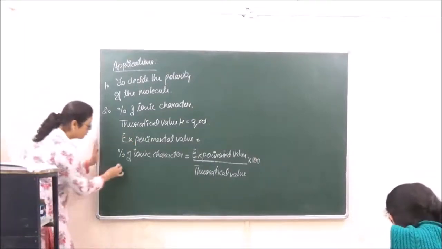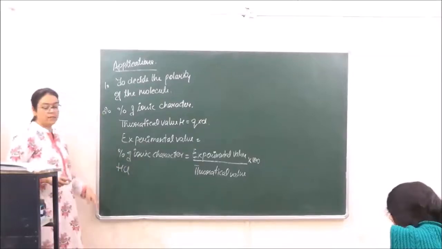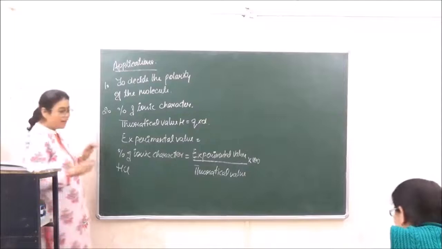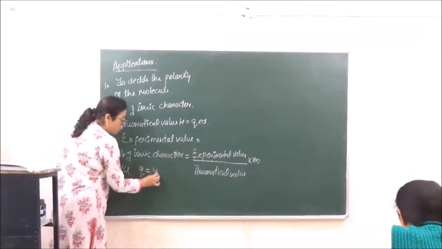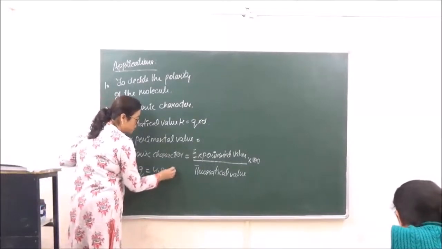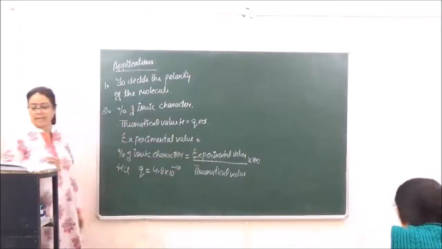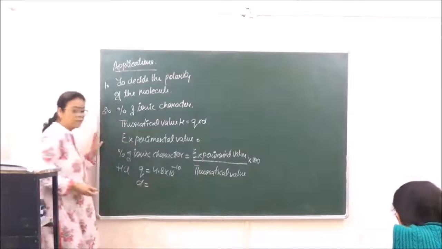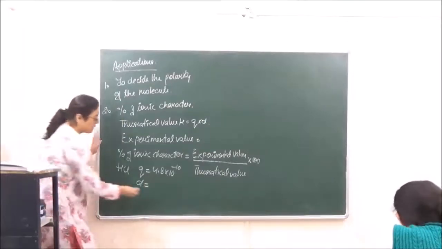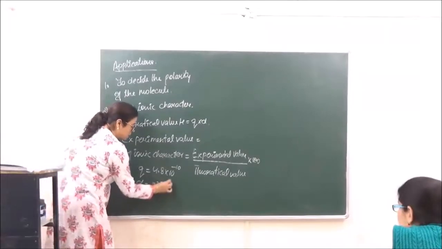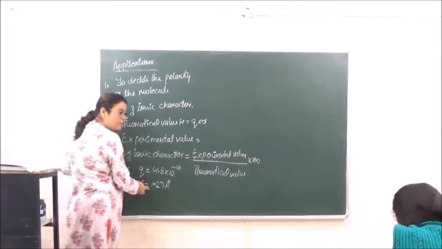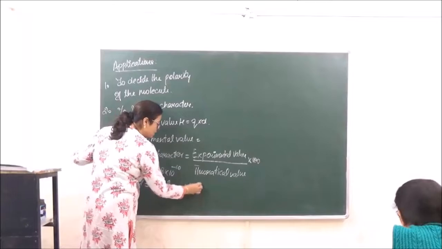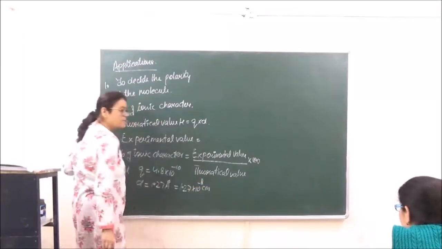Okay, let's just do an example over here. We are doing the example of hydrogen chloride in order to calculate the percentage. Over here they have given us the value of Q as 4.8 into 10 raised to power minus 10 ESU. Okay? And the value of D they have given as 1.27 Angstrom. So this has to be converted into centimeter. It will be equal to 1.27 into 10 raised to power minus 8 centimeters.